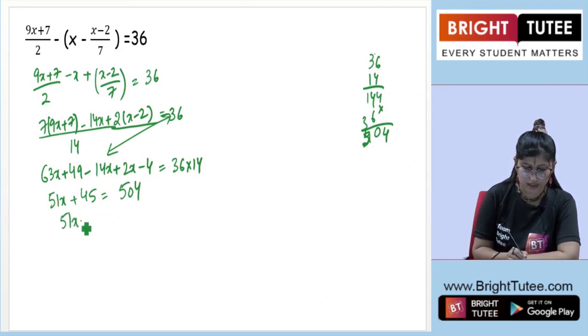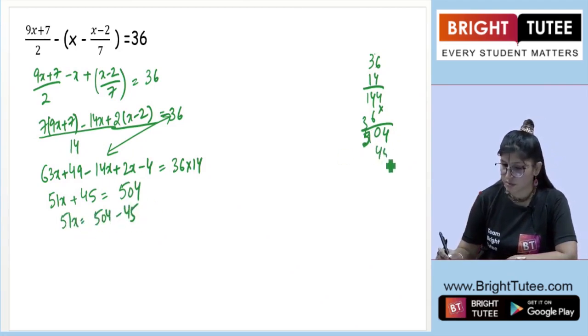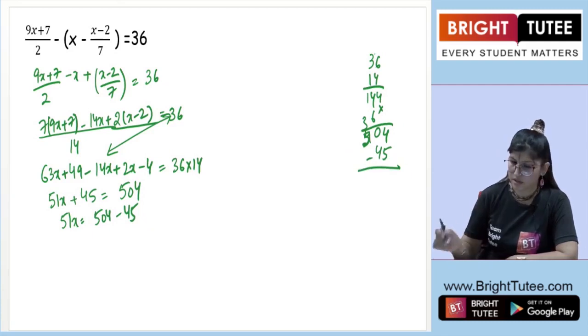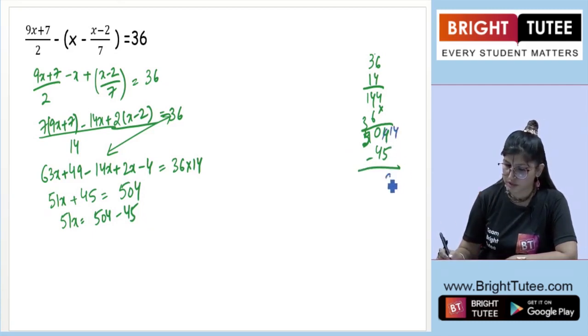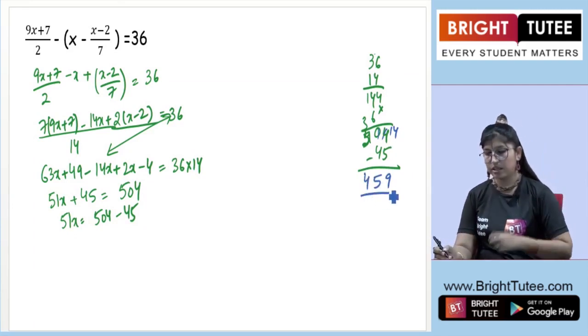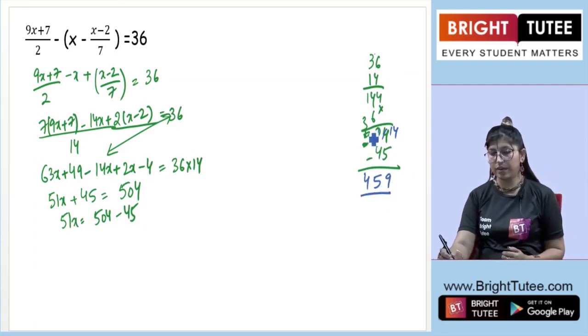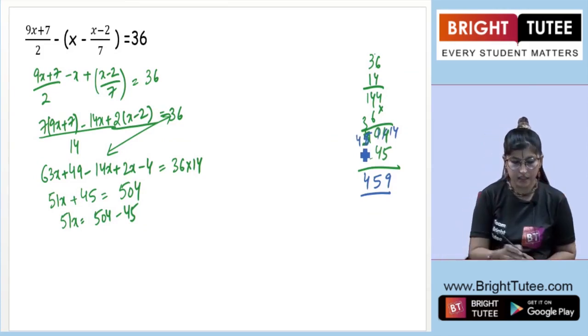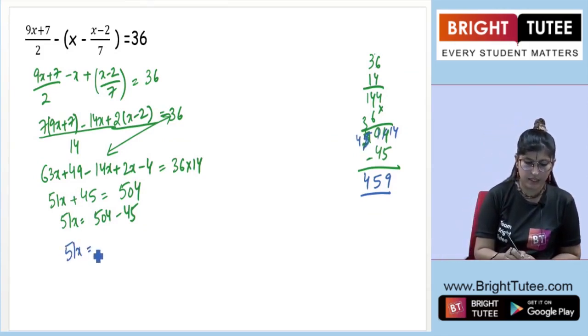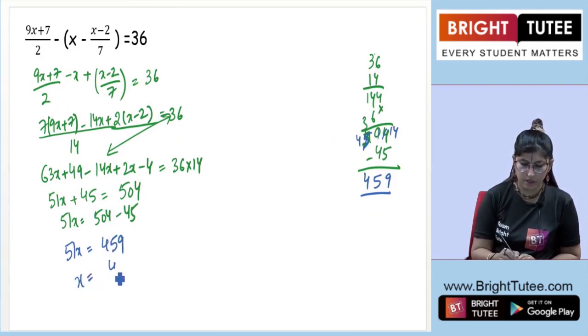Now 51x equals 504 minus 45. So we subtract, and we get 459. So 51x equals 459. Now x will be 459 upon 51.